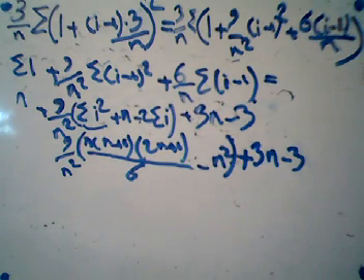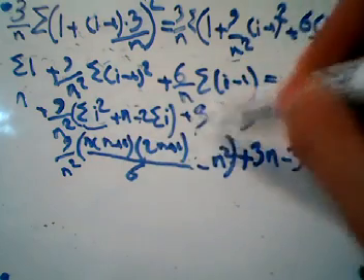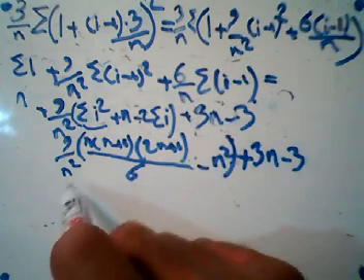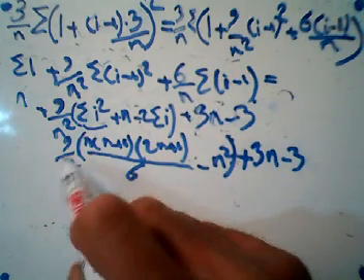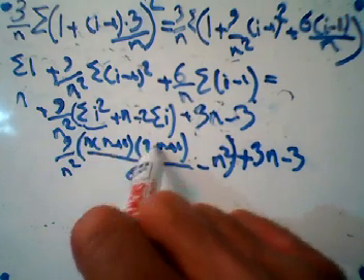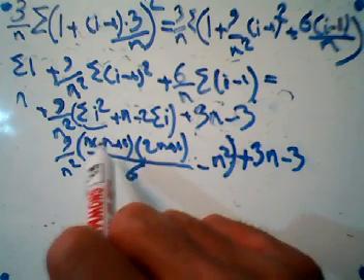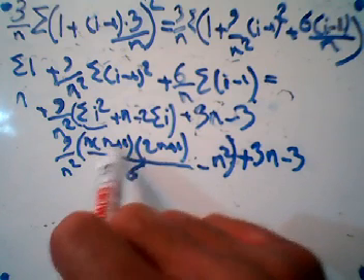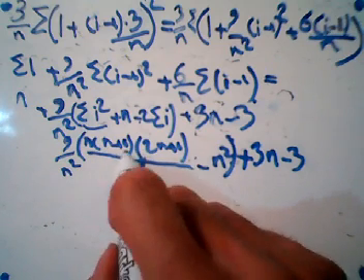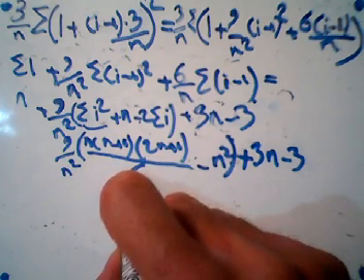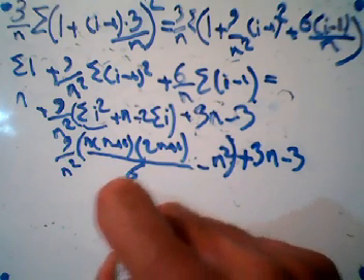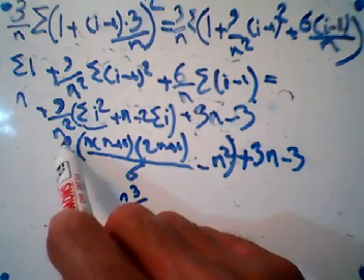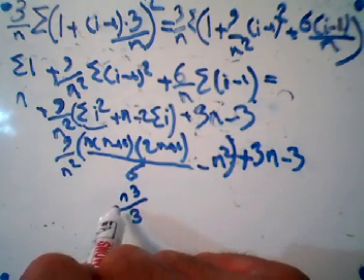Okay, now I'm not gonna calculate it all. But here we got 2n cubed after multiplying it. So this 2n cubed after dividing by 6 would be n cubed over 3, and after multiplying by this would be 3n.